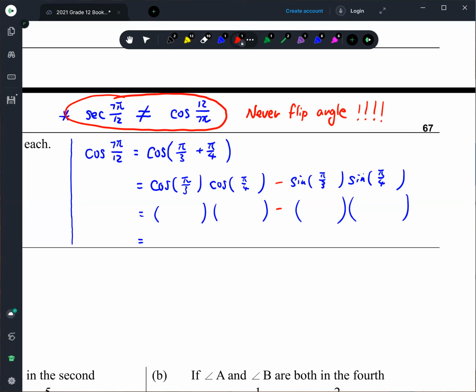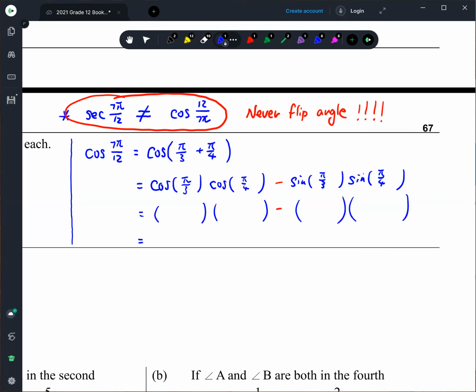Okay, let's check the ratios, all right? Cosine pi over 3, let's start with that. Nick, what's the ratio for that? For the first one, cosine pi over 3.